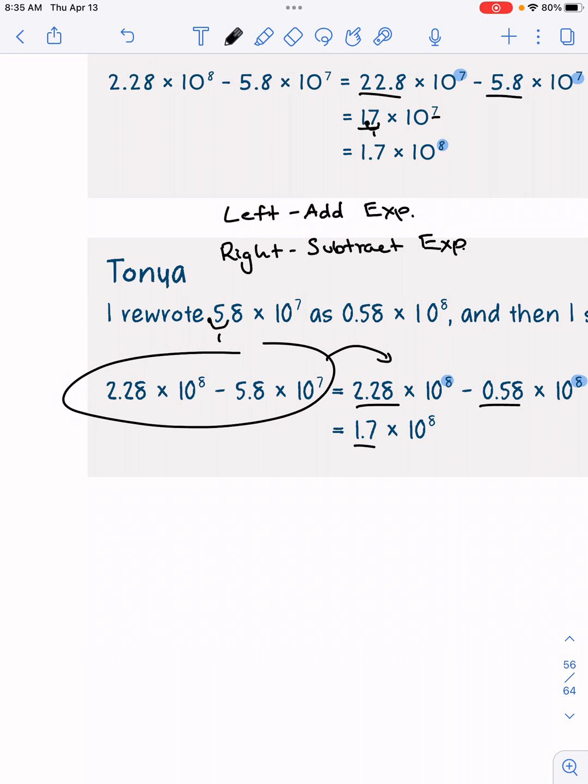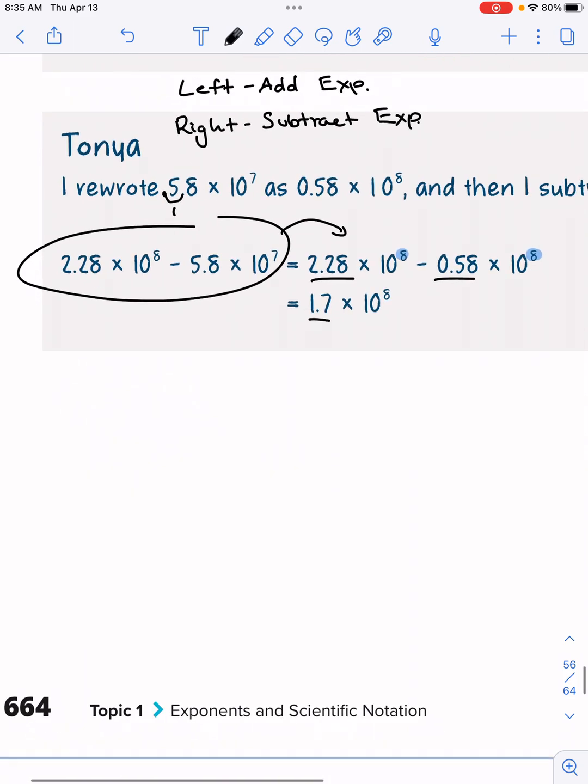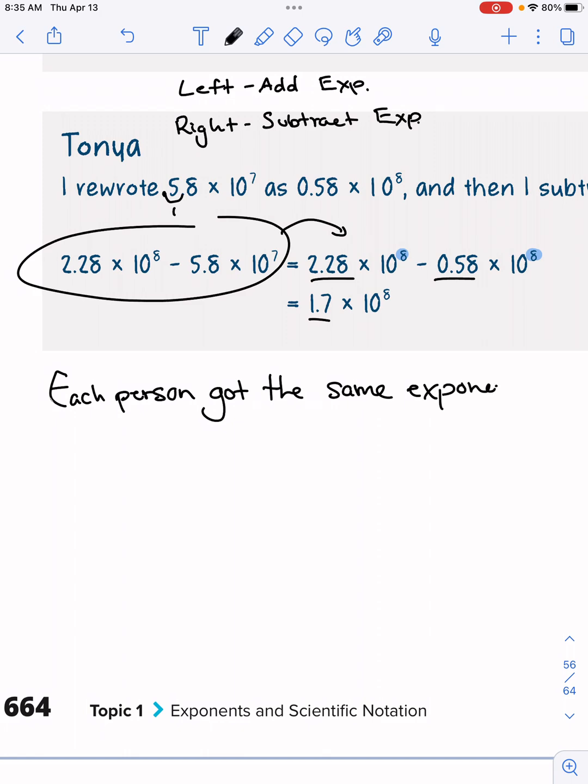So what is different and similar? So each person converted to the same characteristic. We'll just say got the same exponent. Right, in this case, characteristic means the exponent.